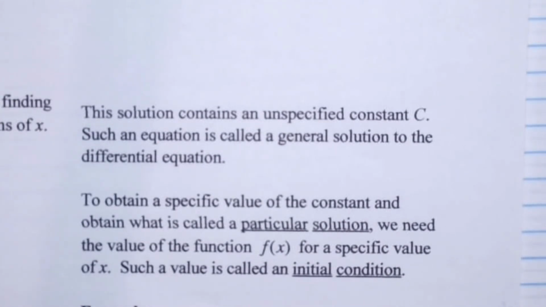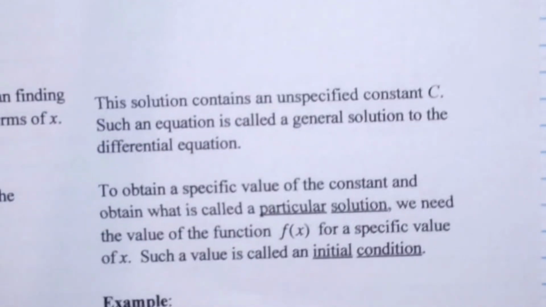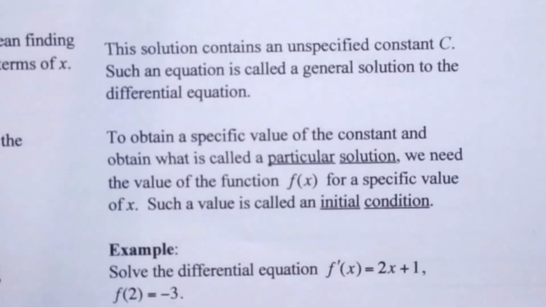If we add in more requirements, then we can perhaps solve for c. And so, to obtain a specific value of the constant and obtain what is called a particular solution, we need the value of the function f of x for a specific value of x. And that kind of value is called an initial condition.